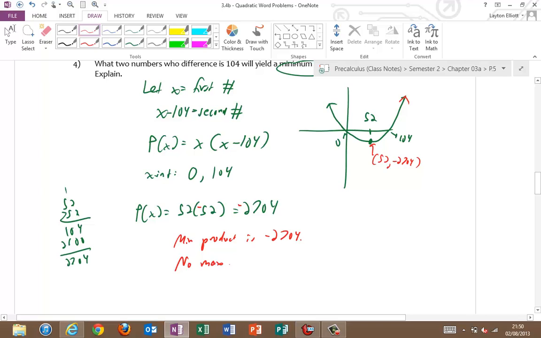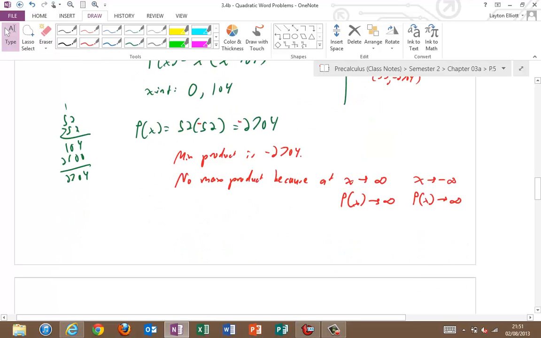There is no max product because as x goes to infinity, p of x also goes to infinity. And we could also say it the other way too. As x goes to negative infinity, p of x also goes to positive infinity. That goes back to the discussions we were doing last chapter.